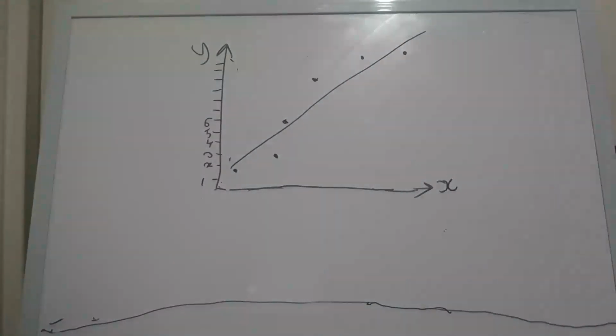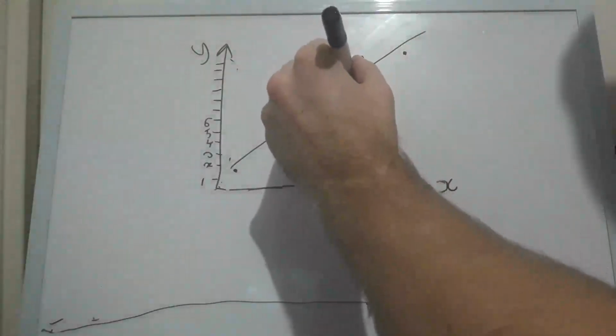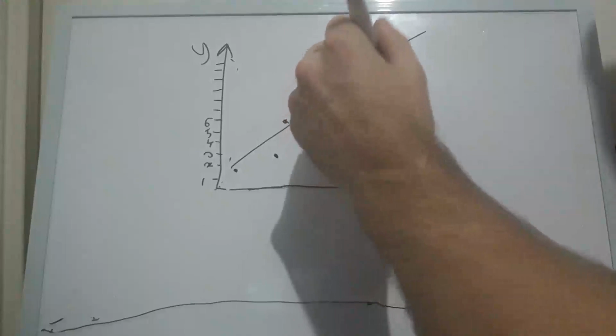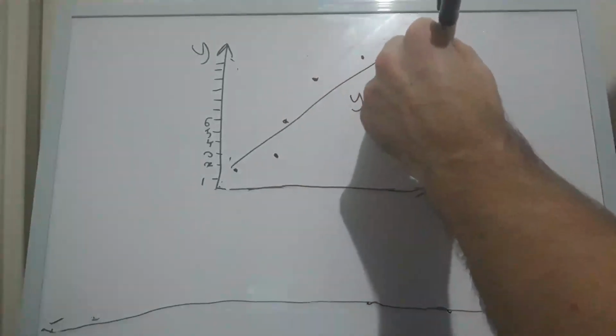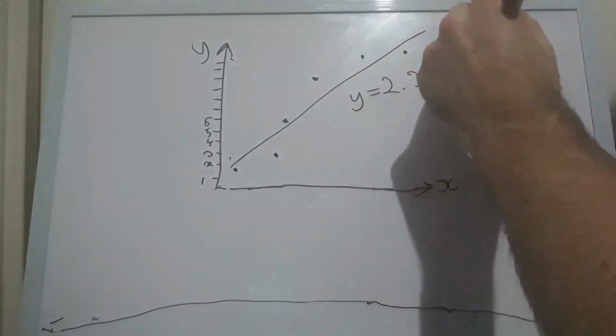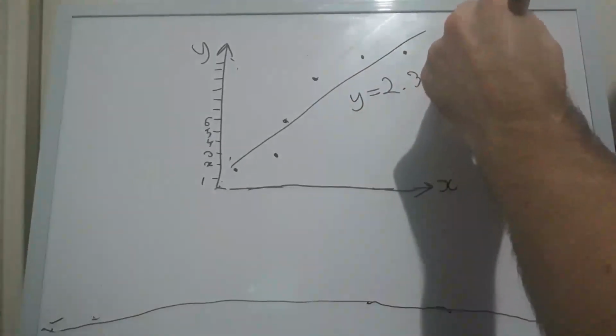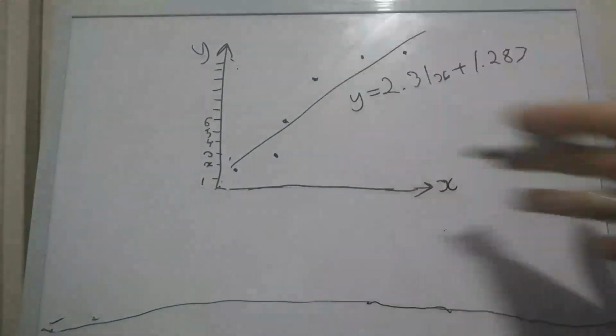Your CAS, or Excel, will give you an equation for this line, and it will usually be something like y equals, I don't know, let's say 2.31x plus 1.287. Something like that.